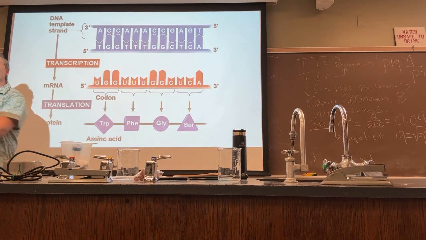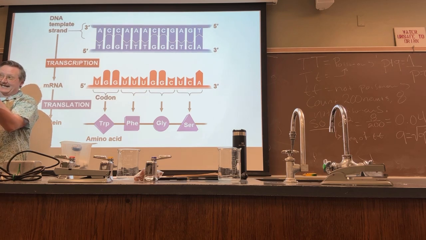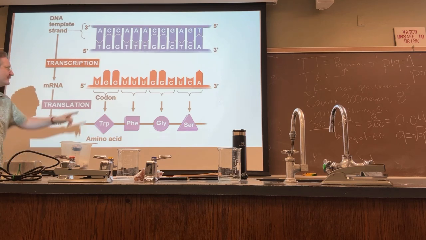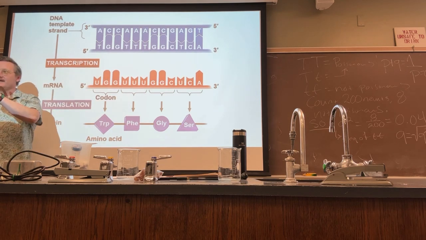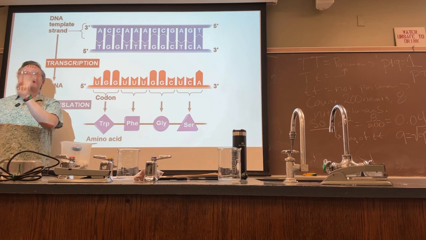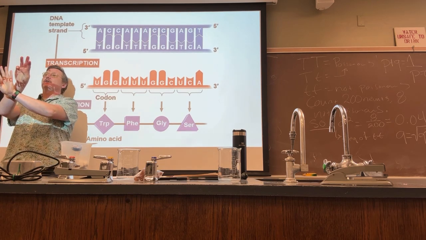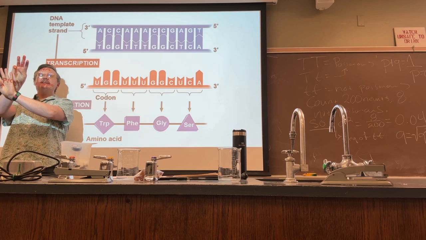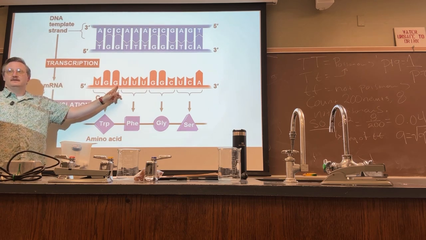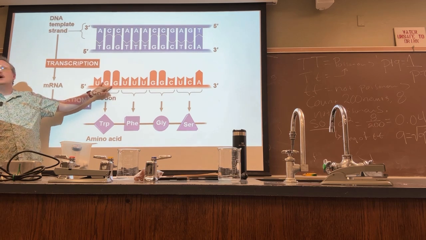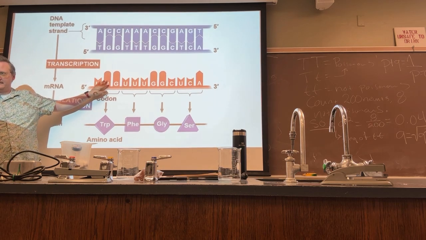Now, there are 4 potential nucleotides, A, U, G, and C, read in sequences of 3. And if you remember our independent assortment math, that means that there are 4 to the 3rd possible combinations for a codon. So there are 64 different possible codons that can be generated.